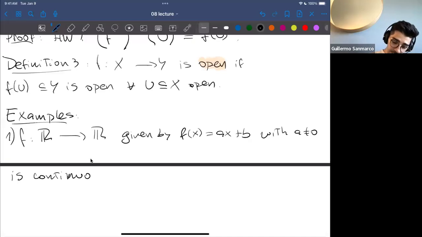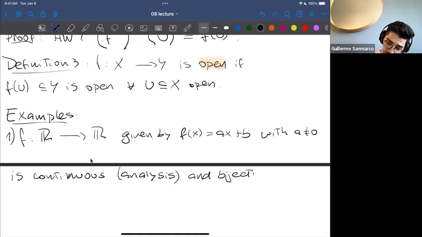This is something that you should know from analysis. And also, of course, bijective. So the inverse here can be given explicitly. The inverse, let's denote it by f inverse from the reals to the reals.